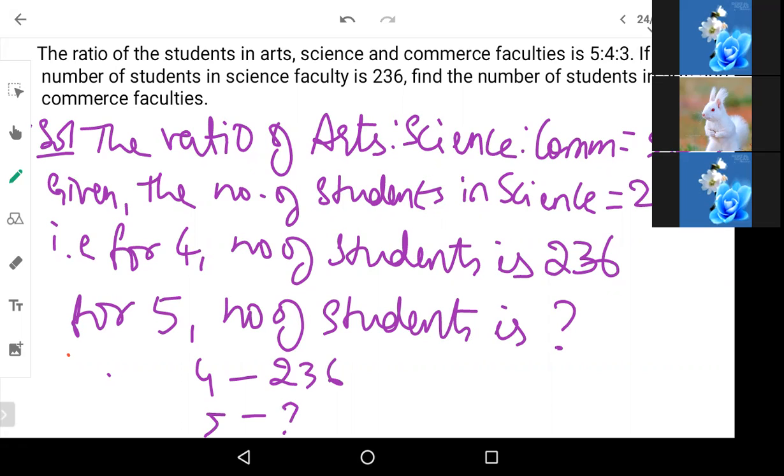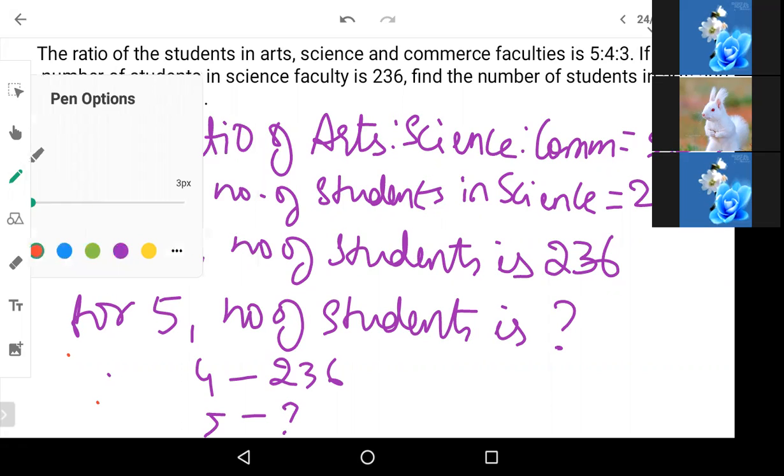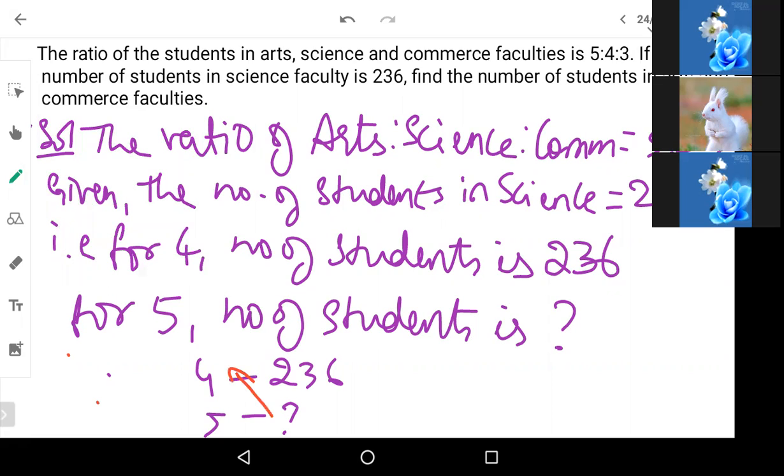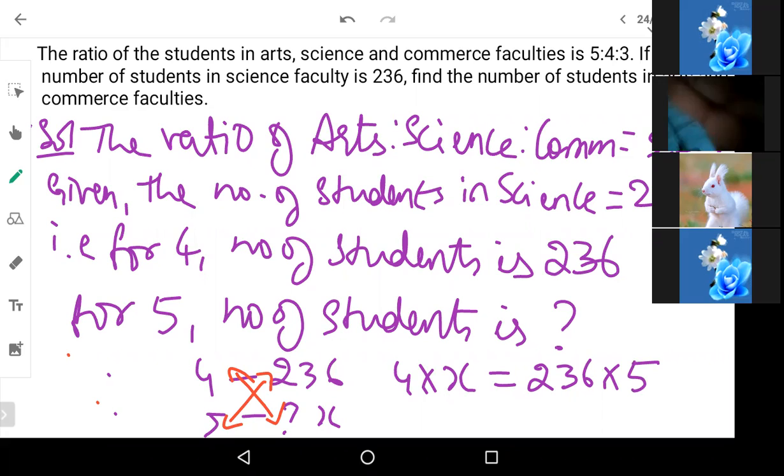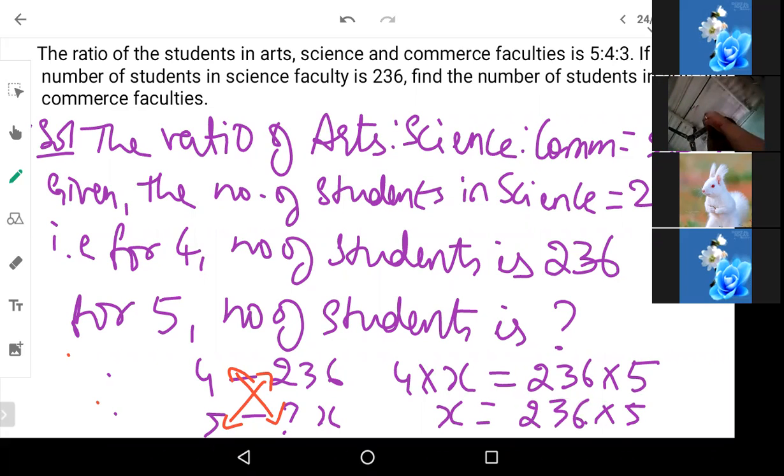Now in such cases, you are expected to do the cross multiplication. Let us take this as x. 4 into x is equal to 236 into 5. So x is equal to 236 into 5 divided by 4.